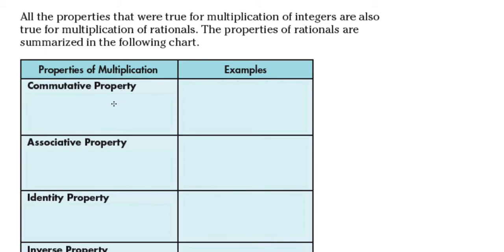Properties of multiplication using the commutative property of multiplication. Remember, when you hear the word commutative, as a review, it means move. So the numbers have been moved around, but the product does not change. It simply says that for all rational numbers x and y, x times y is equal to y times x.